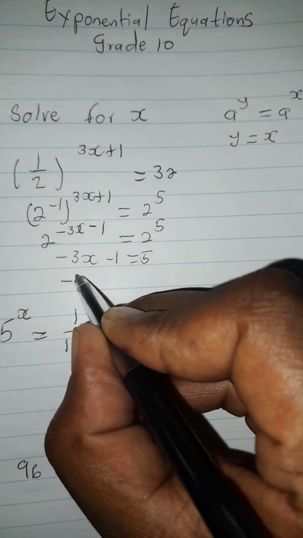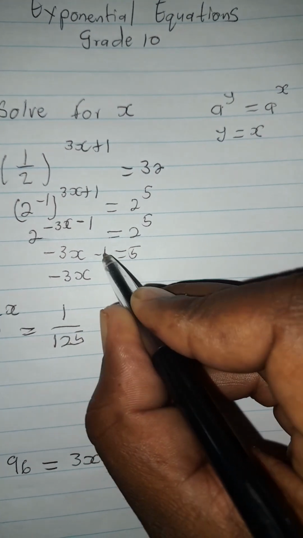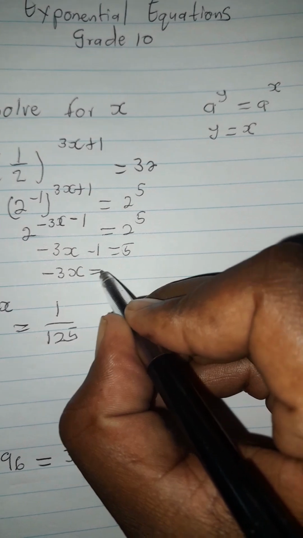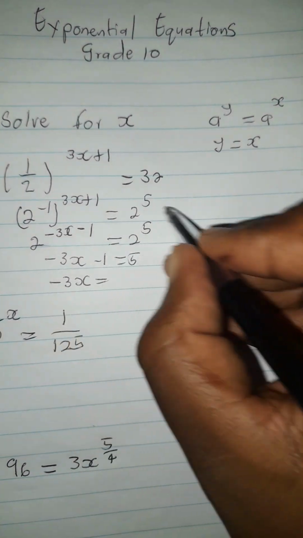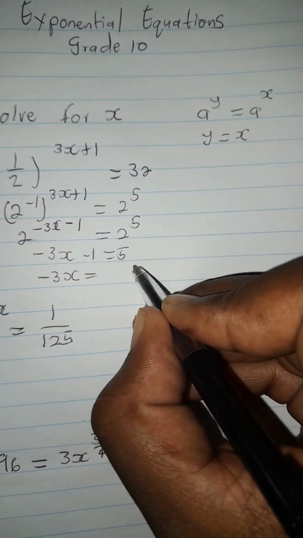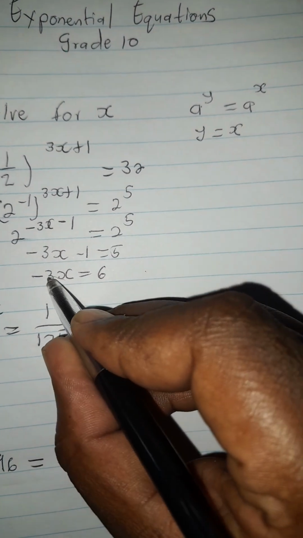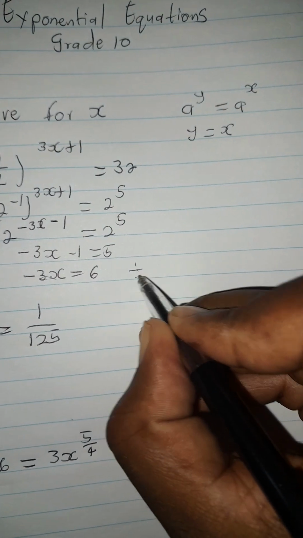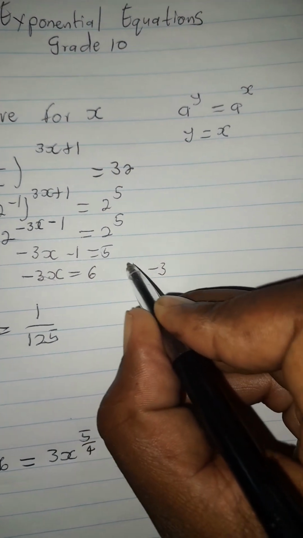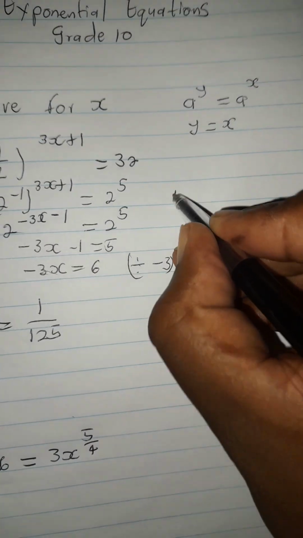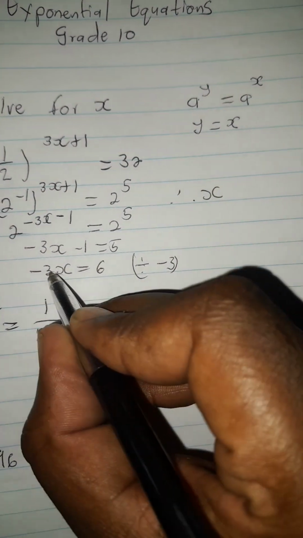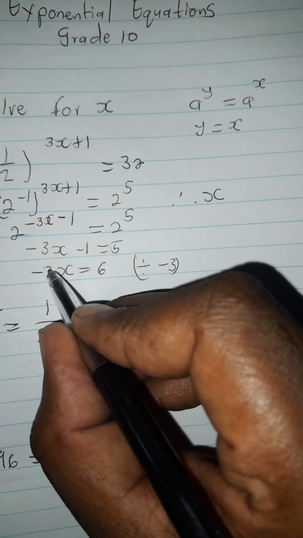So what are we going to do? We need to make x the subject. So transpose negative 1 to the other side. When we take negative 1 to the other side, what do we get? It's the same as 5 plus 1. That will be 6. We can divide both sides by negative 3. How many times does 3 go into 3?